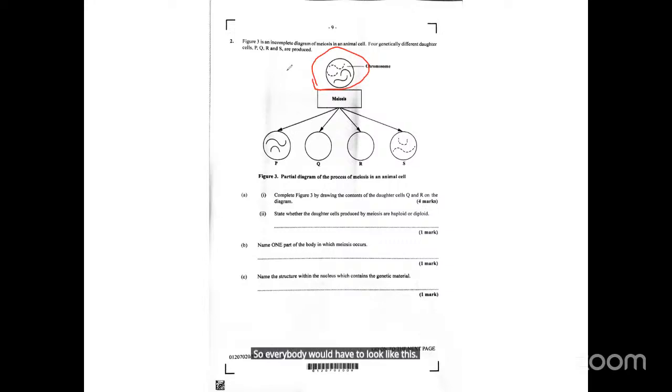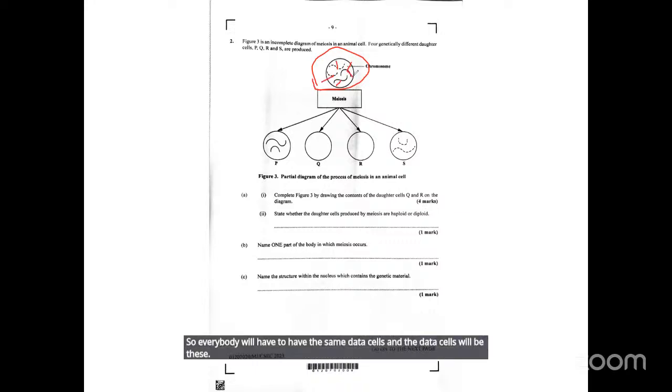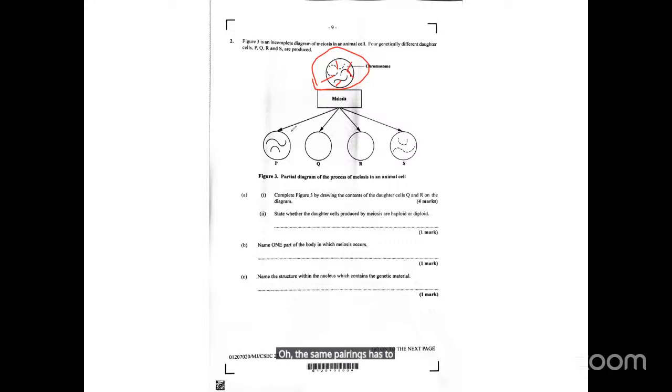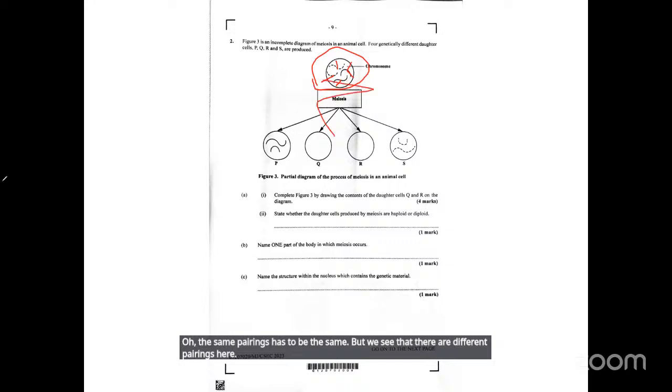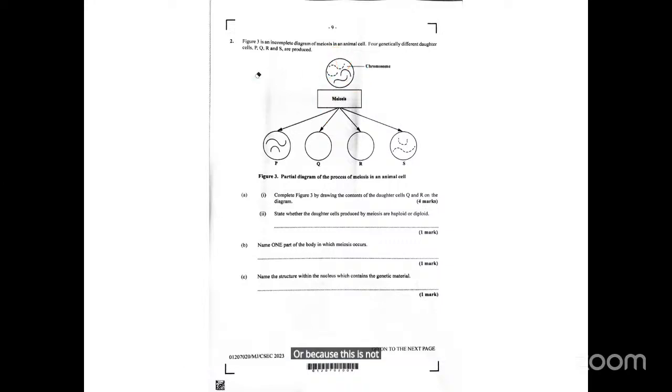All the same pairings have to be the same. But we see that there are different pairings here, because this is not mitosis, this is meiosis. So if this was mitosis, all of the pairings would be the same. Douglas, are you with me still? Yes, sir. Good.